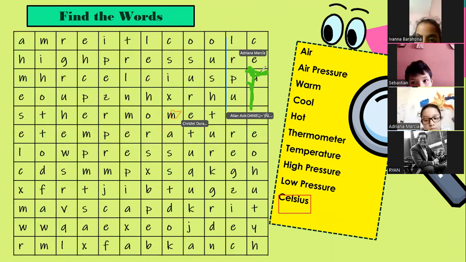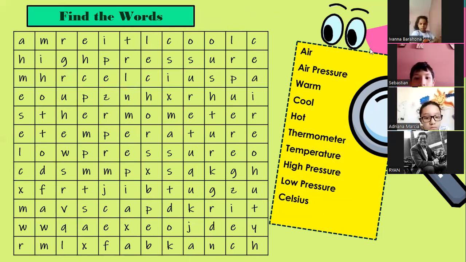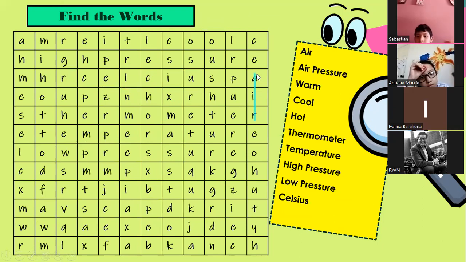Okay, let's see where they are, because some of you found air. Okay, air is here. In the second line is air. Oh, I found high pressure. High pressure. Air, two airs.